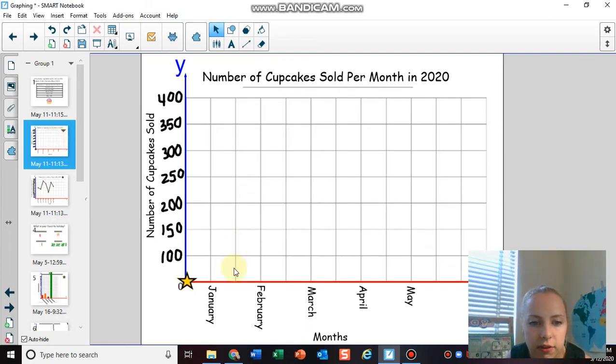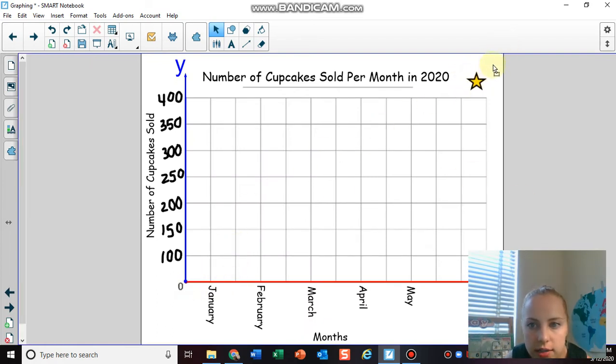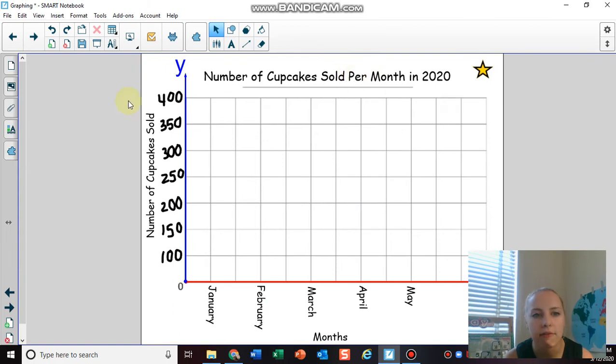We are going to transfer over our data from our data chart after we have labeled all of the parts of our graph, which we have. We've labeled our y-axis, our x-axis, and we have a title for our graph.